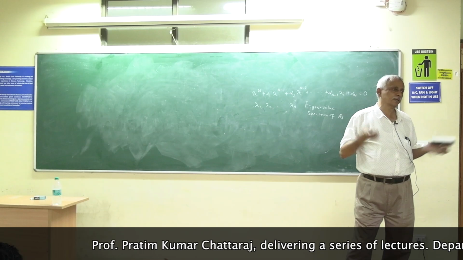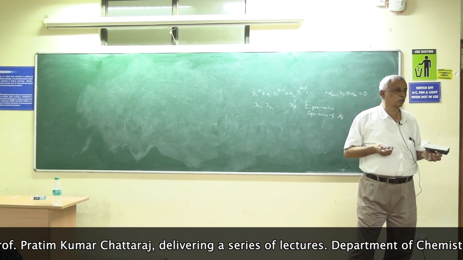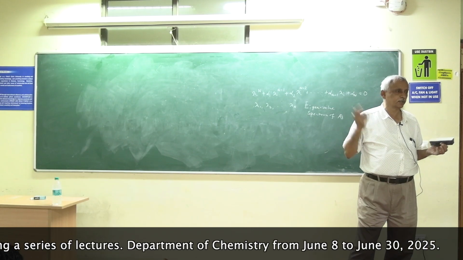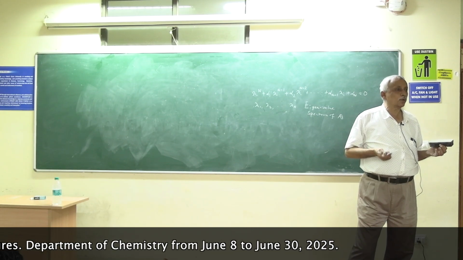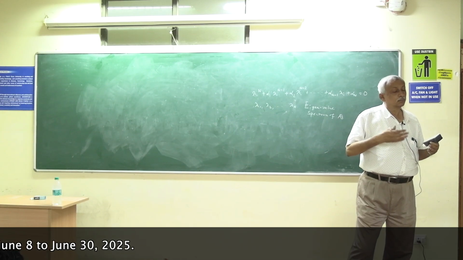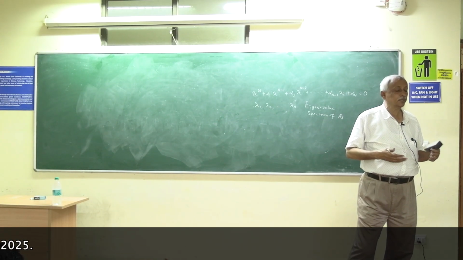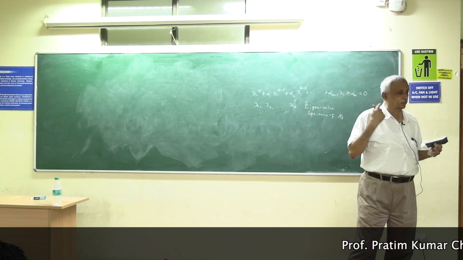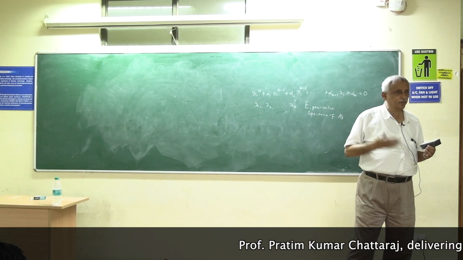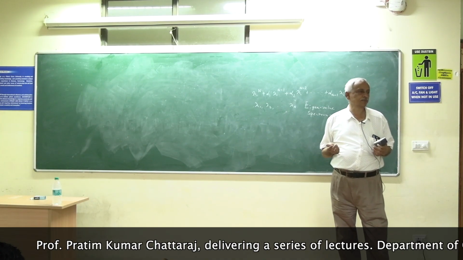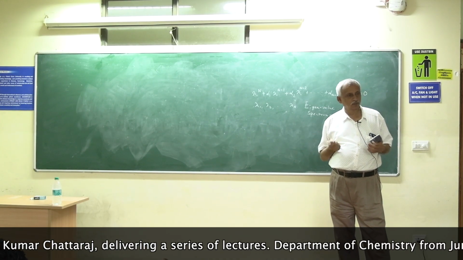Like there you get 1s orbital, 3p orbital, 5d orbital. For the one electron problem, you have additionally, like 2s and 2p. Orbital wise, they are all different, but same energy. 3s, 3p, 3d, all of them have the same energy. For all one electron problems, hydrogen, helium plus, lithium 2 plus, they are all called hydrogenic systems. For all hydrogenic systems, the energy depends only on the principal quantum number.